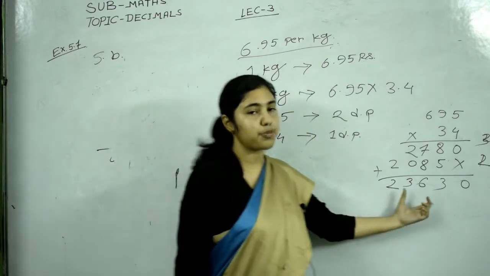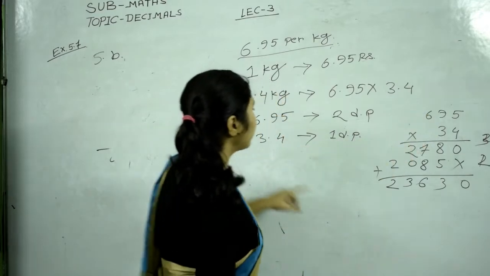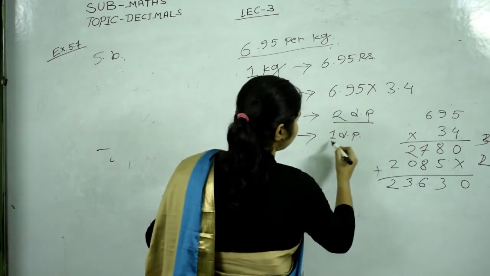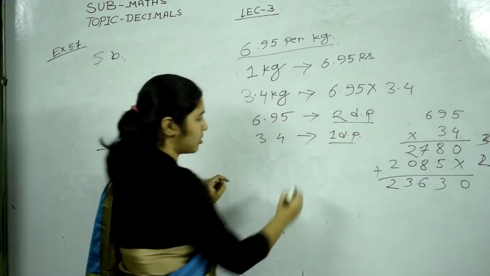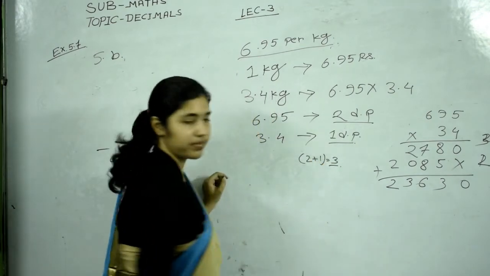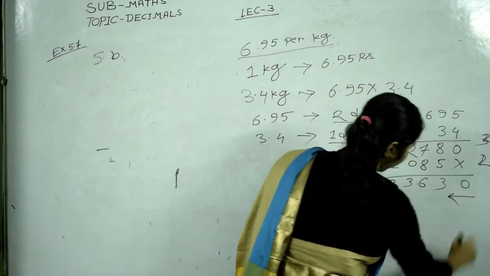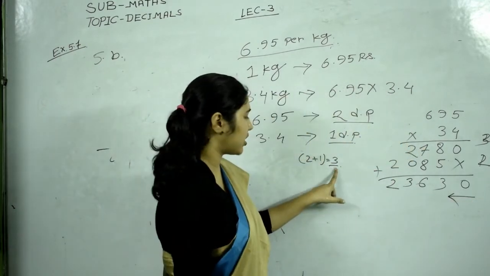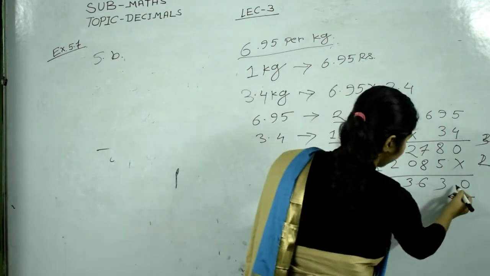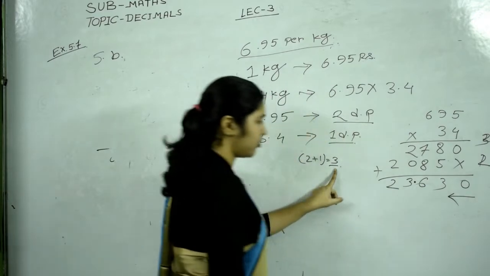So this is the product of these two whole numbers, right? Now add the number of decimal places. So 2 plus 1 is equal to 3, right? Now insert the decimal point from the right at 3 decimal places. So 1, 2, 3. So insert the point here.